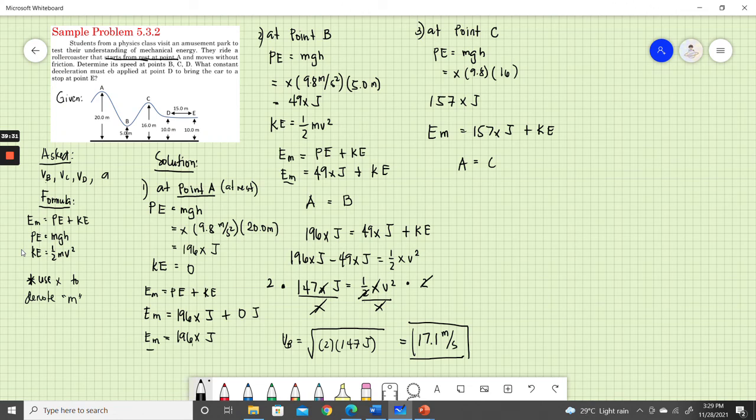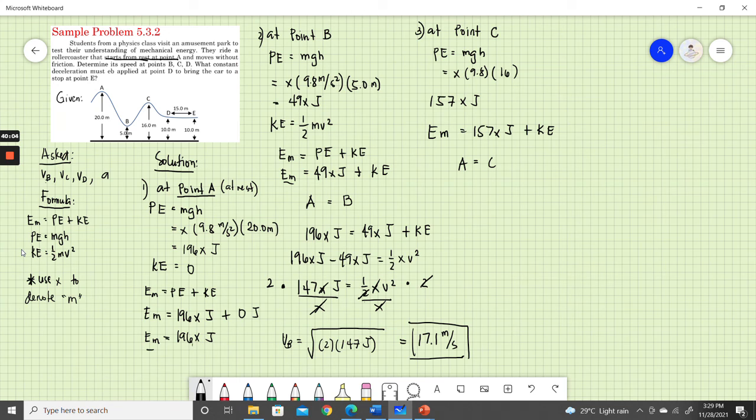No? And remember, that's the moving picture natin kanina. As you go up, you slow down. And since you slow down, bababa yung kinetic energy pero tataas yung potential energy. So pagdating mo sa C, you're still moving pero mas mataas yung potential energy kasi bumagal ka sa C compared dun sa speed mo kay B. So you should expect that your speed at C should be lower than your speed at B.